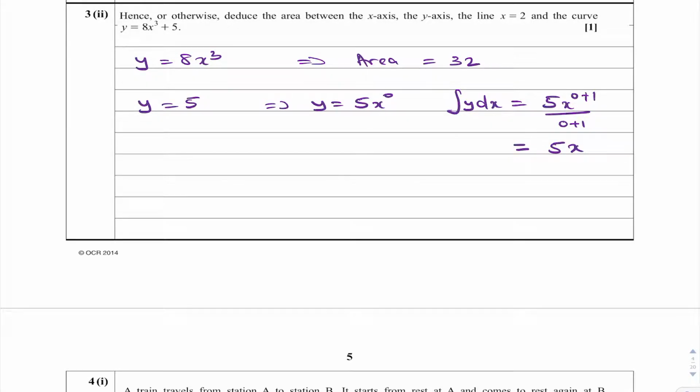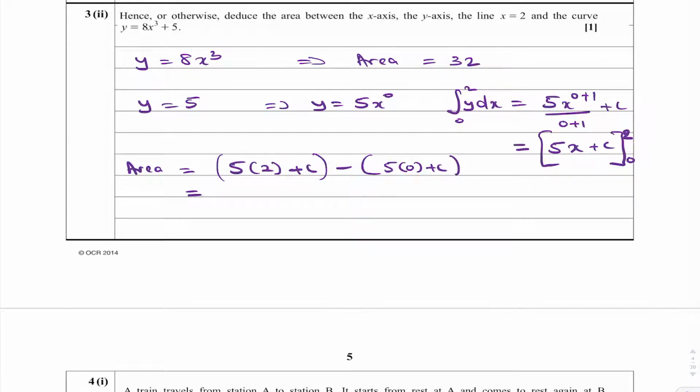Now there's a boundary for this integration, obviously 0 to 2, and plus c, by the way, and then we put 2 to 0, and so that area for the constant y equals 5 will become 5 into bracket 2 plus c minus 5 into bracket 0 plus c, and that should give us 10 plus c minus c, and that becomes 10.